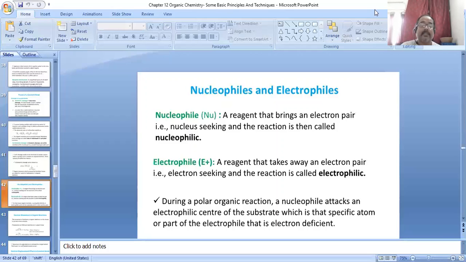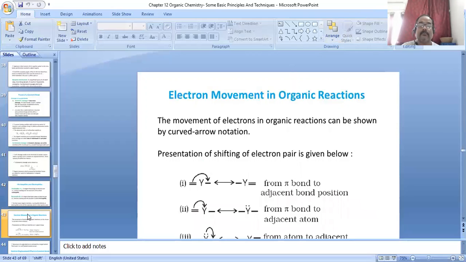And third and last, ambident. So what is an ambident or special type of nucleophile?